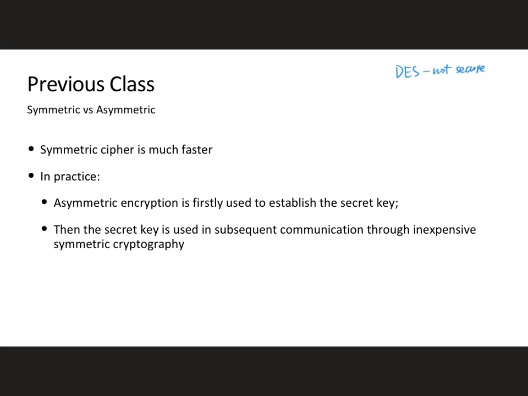For example, we can use the Diffie-Hellman key exchange protocol or RSA to exchange the secret key of AES. Then after the exchange, we can use AES or triple DES to encrypt the following communications between the parties. In today's lecture, we have two main things to talk about.